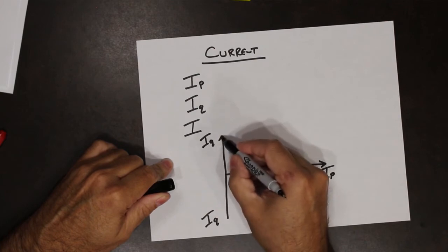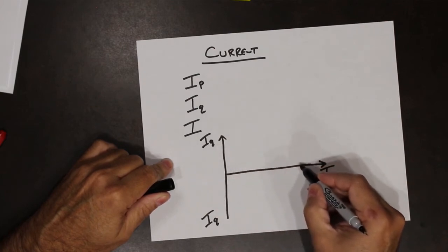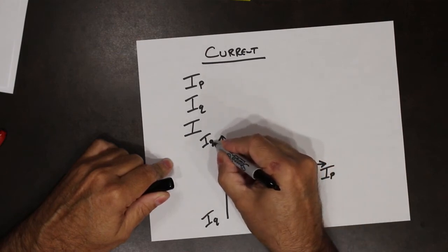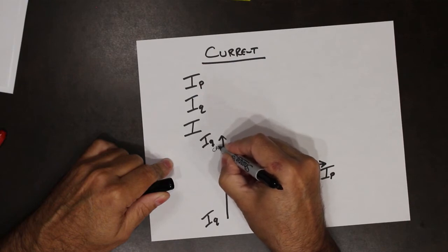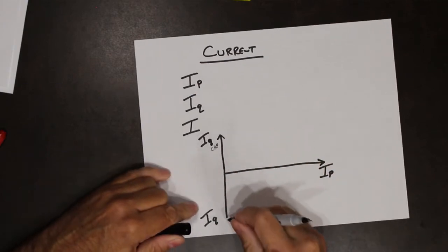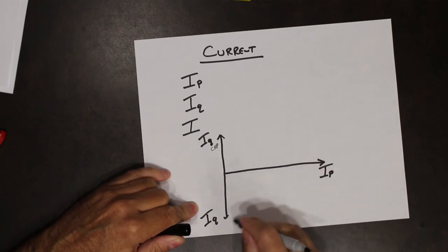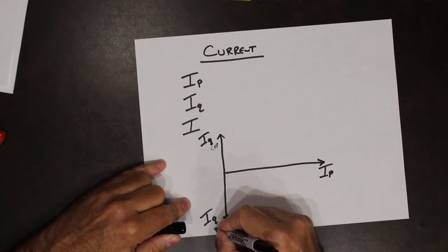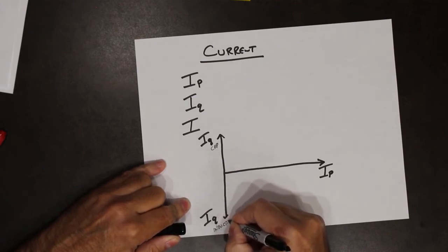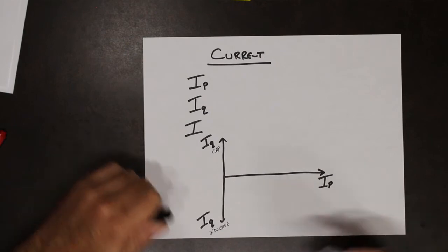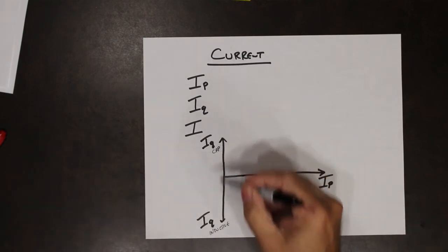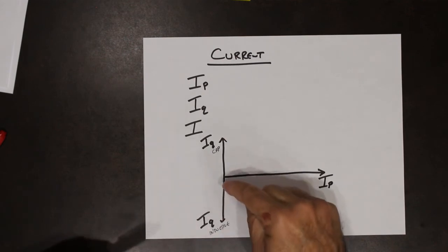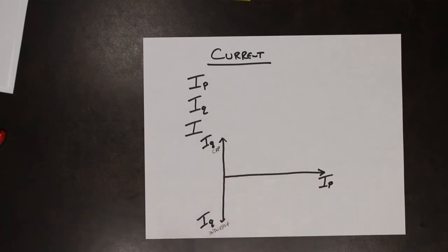This one is leading by 90 degrees, so that makes this the capacitive current. This one is lagging, so this makes this the inductive current. So whether you have a capacitor or an inductor, your current will either be on the positive side of J or the negative side of J.